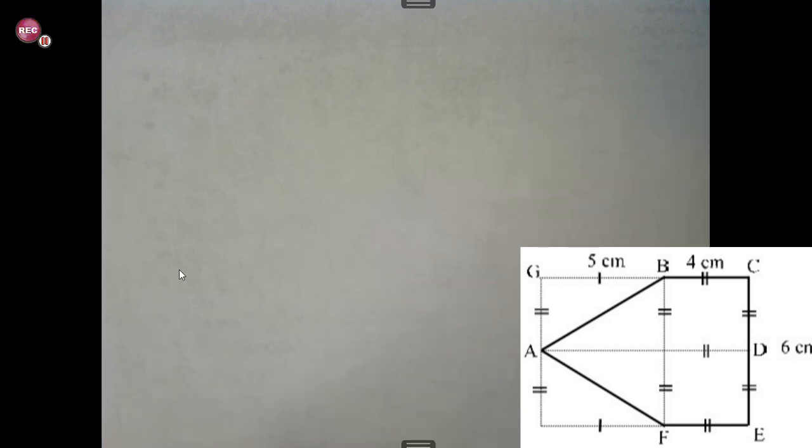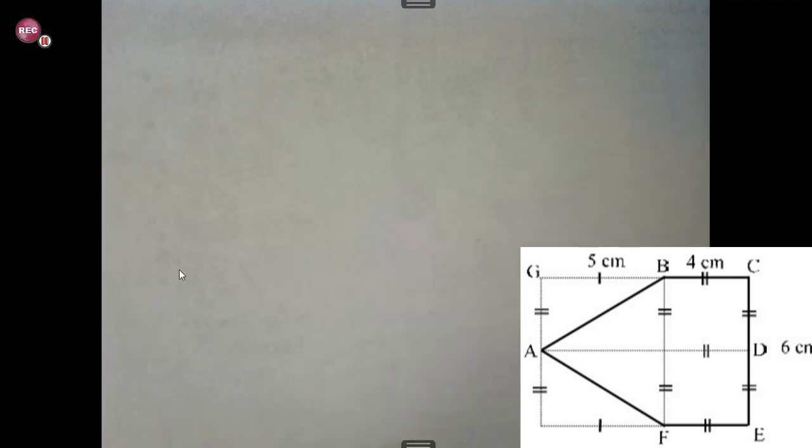So because GA is 4 centimeters, you would then know that you've got a right angled triangle, and you need to go and calculate the hypotenuse of that right angled triangle. The side that I'm going to calculate is going to be side AB.